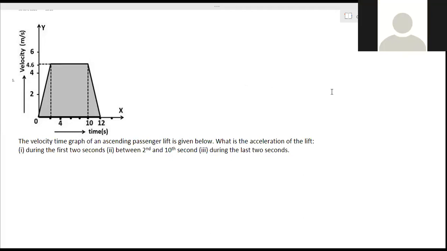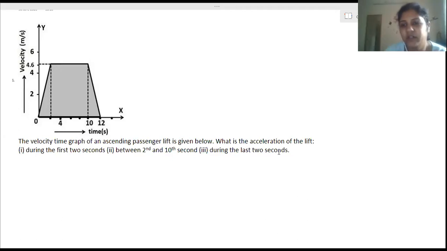Vaibhavi, how to solve this question? Yes, Vaibhavi, how to solve?